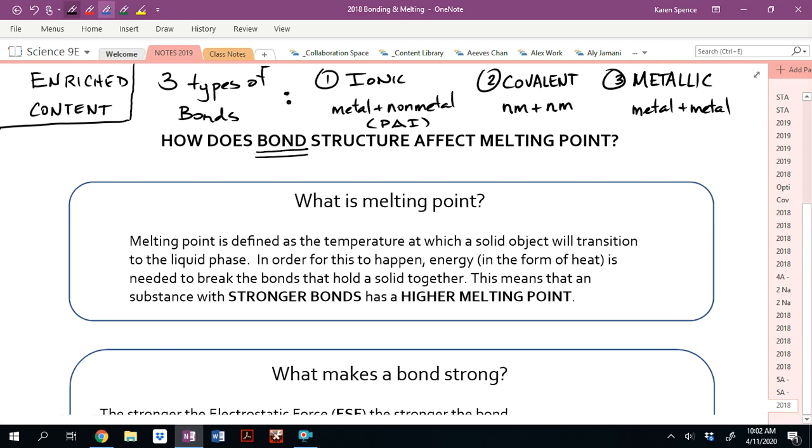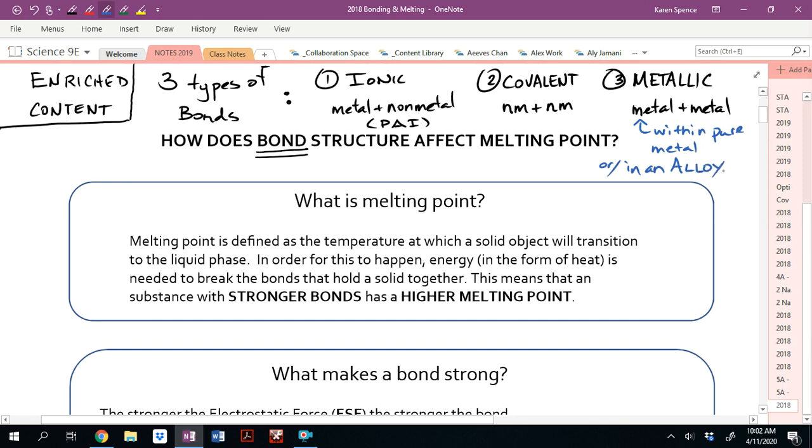Metallic bonds can just be within a pure metal, like gold, if you have pure 24 karat gold, or it could also be in an alloy.